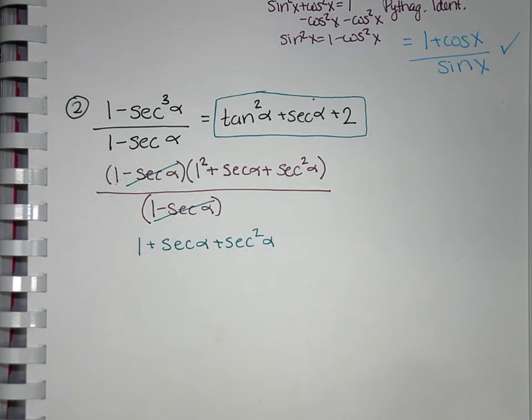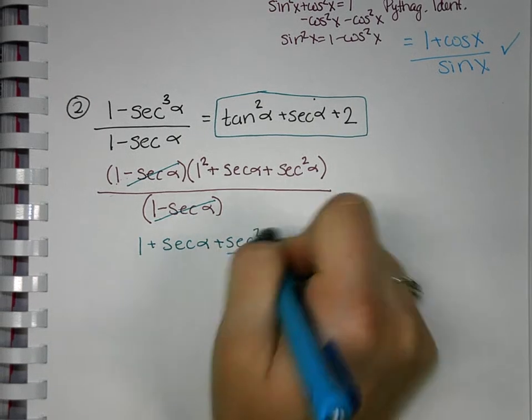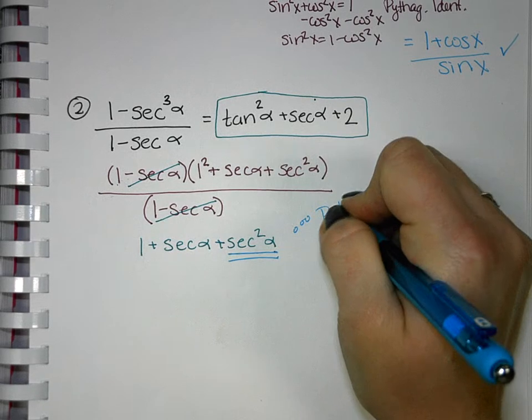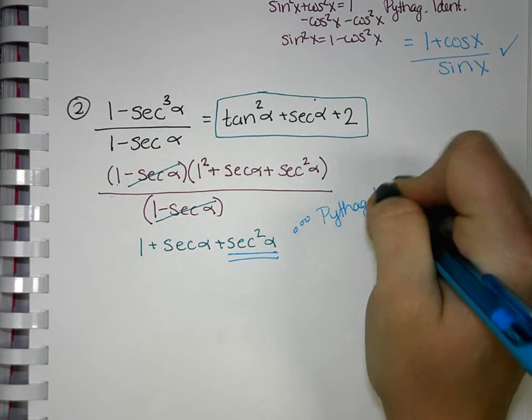So I'm looking close to what I want, but I need to somehow get a tangent in here. And so how can I get a tangent into my problem with where I am now? So I notice I have the secant squared. I'm going to think, what's the Pythagorean identity that goes with it?